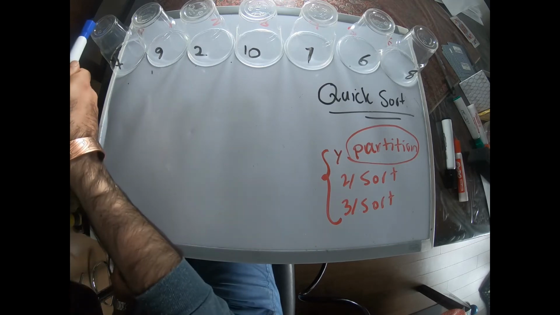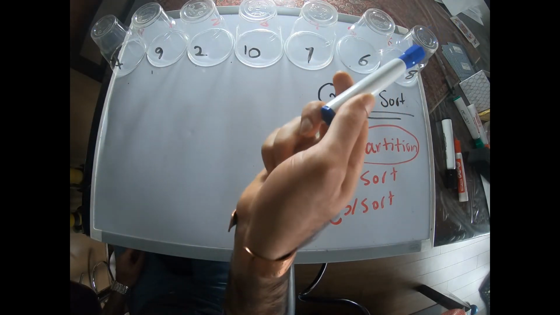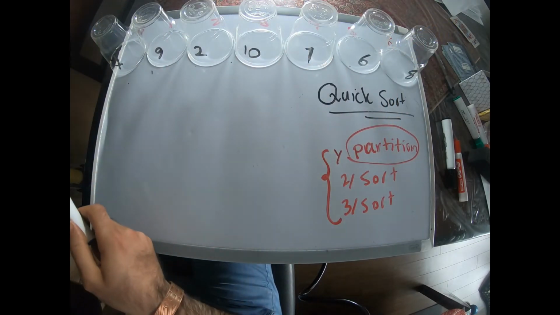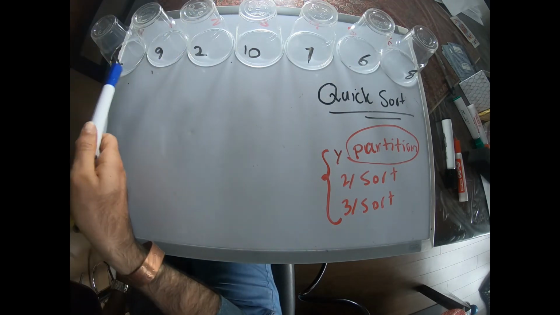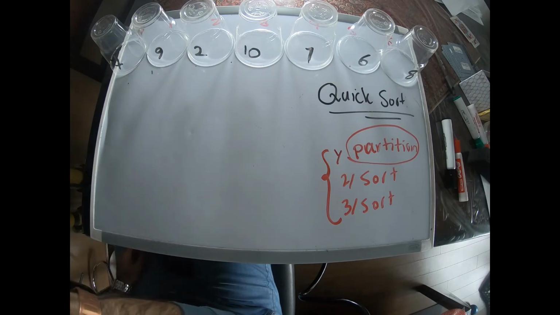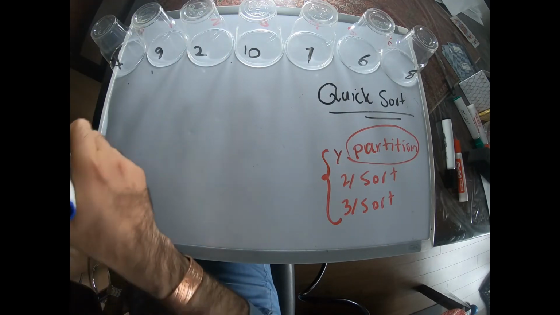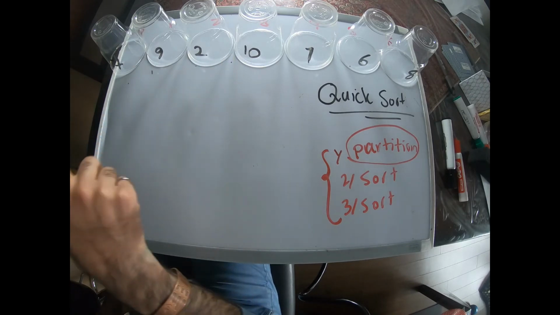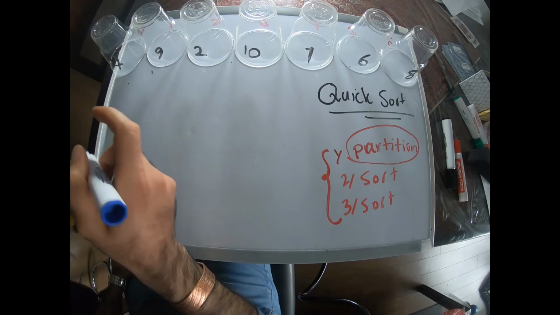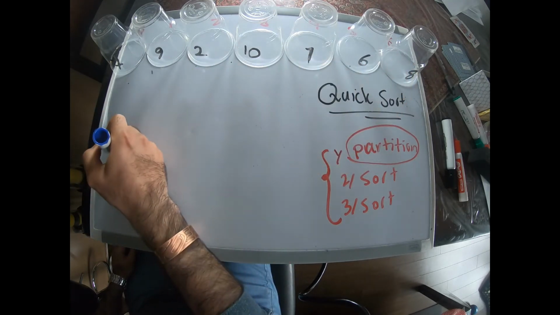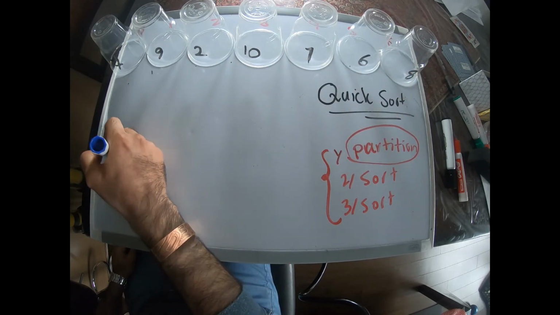You can choose the first element, the last element, you can choose randomly, or you can find the median point, the number that's going to be placed in the middle. There are methods that do that. I'm going to do a very simple method where I choose the last element as what we call the pivot.